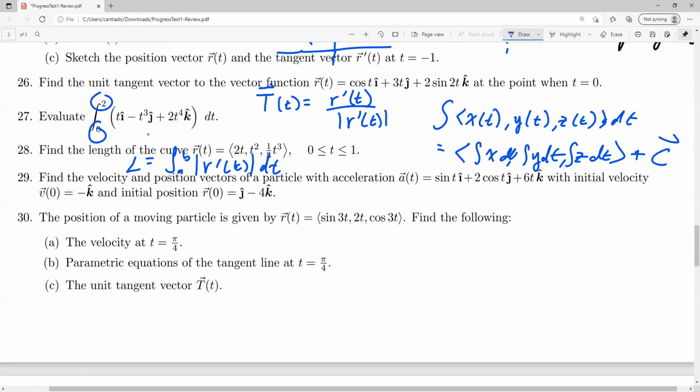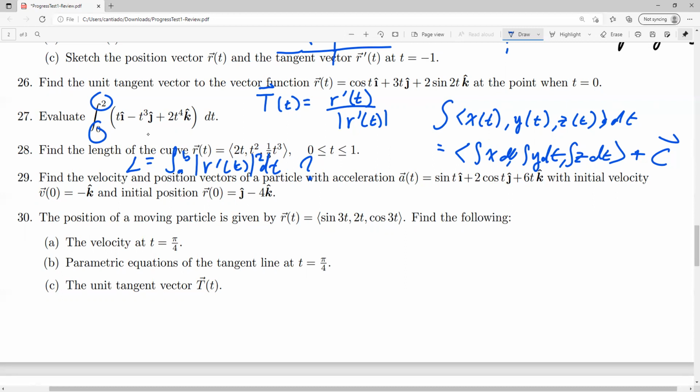Or maybe I'm misunderstanding this. r prime squared, is it? Yeah, it might be the magnitude squared. I'm not remembering it off the top of my head, so double check in your notes what the arc length of the curve is.